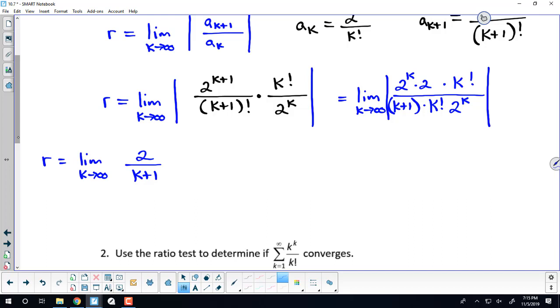The limit at infinity is what? 2 over k plus 1, 0. So the ratio is 0. The ratio is less than 1.